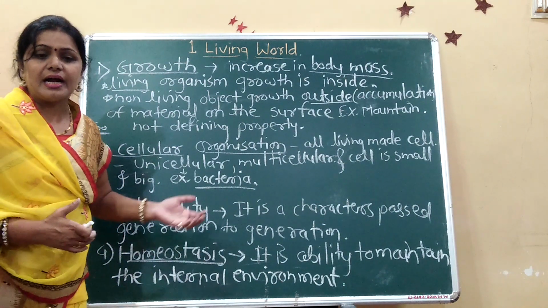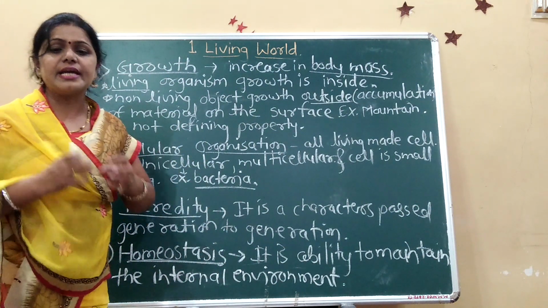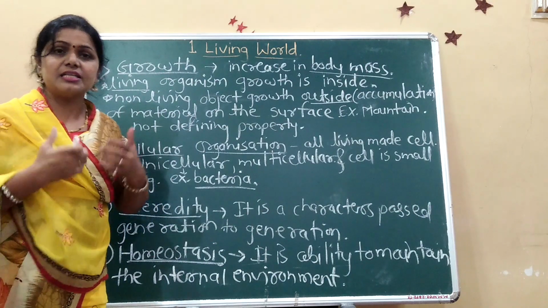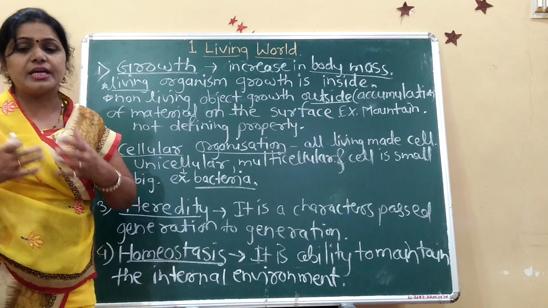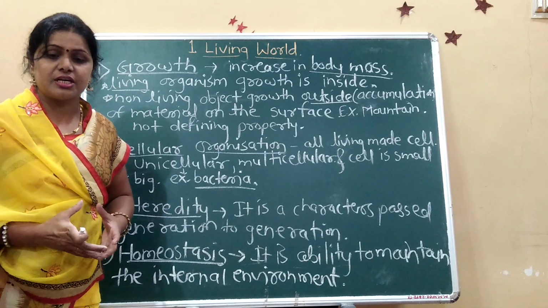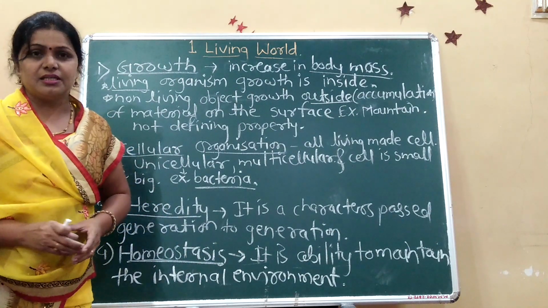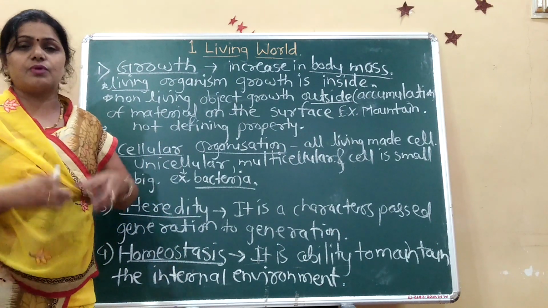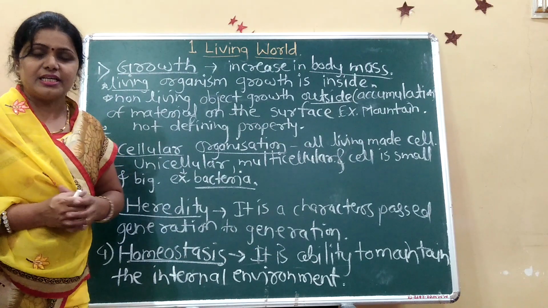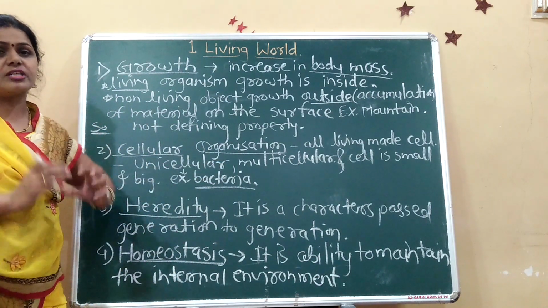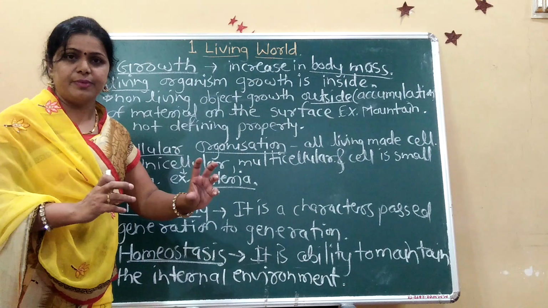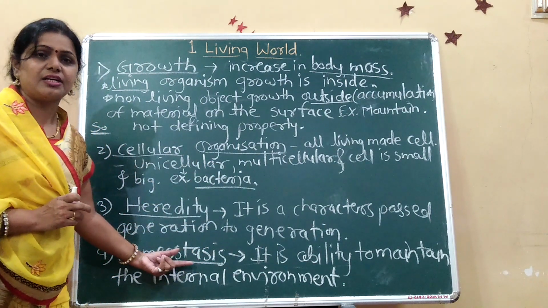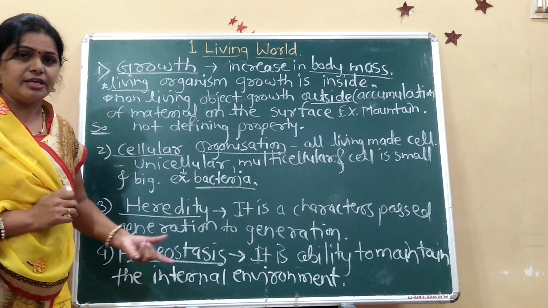For example, the human body keeps an average temperature, about 98.6 degrees, a constant temperature. This is one of the characteristics of living things.